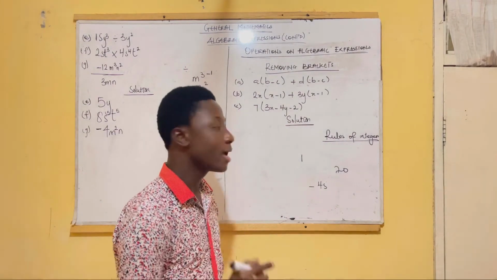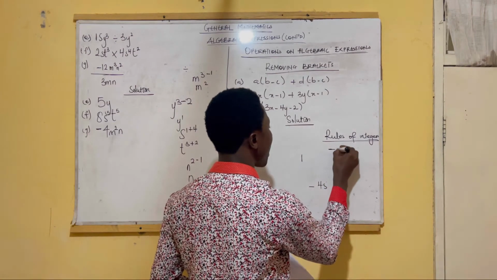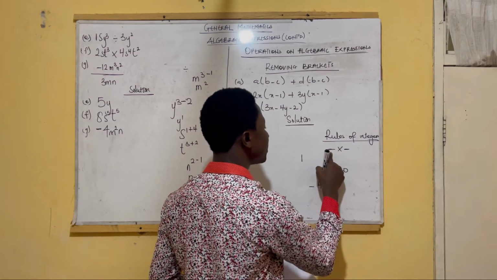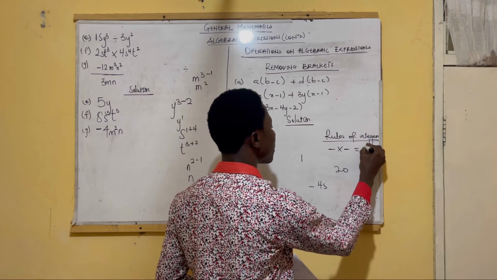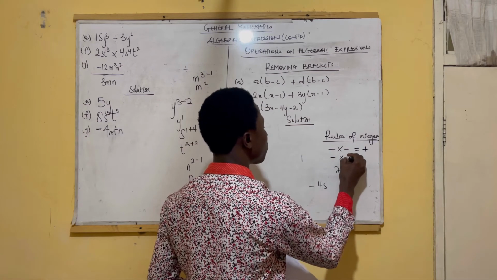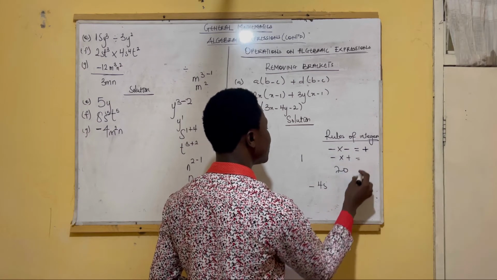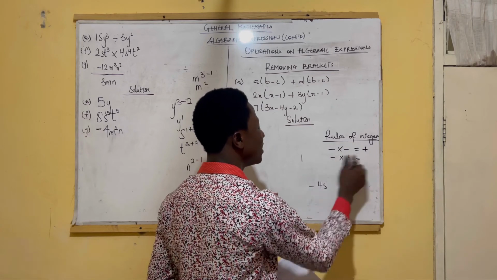Here you can find it. Negative times negative: when a negative number multiplies a negative number, the answer should be positive. It's one of the rules. When a negative number multiplies a positive number, negative values are known to be dominant, and so it's going to be negative.